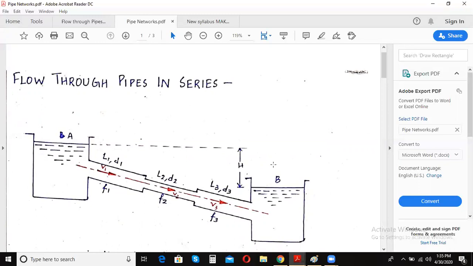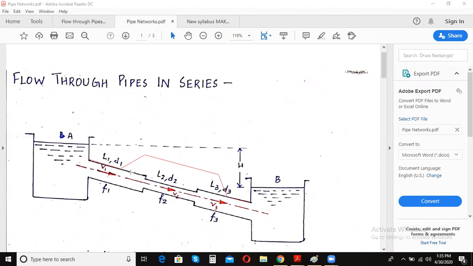Okay, now we can also have pipes that will be connected between these two reservoirs in parallel. So how will that look? Let's see. Suppose the pipe is one pipe, might be like this.